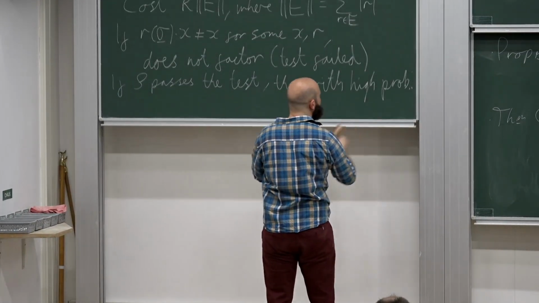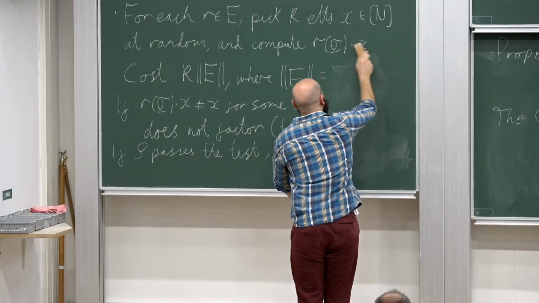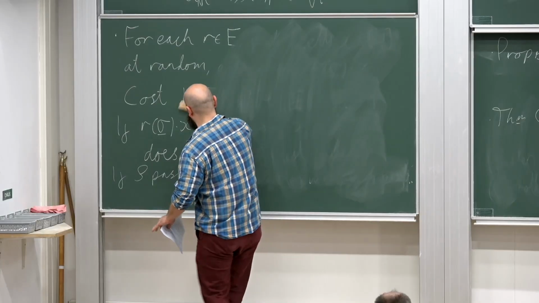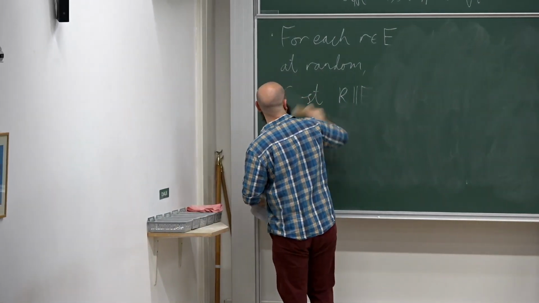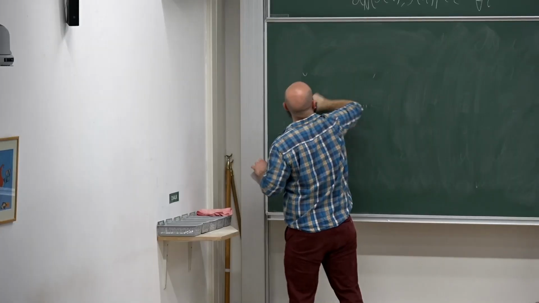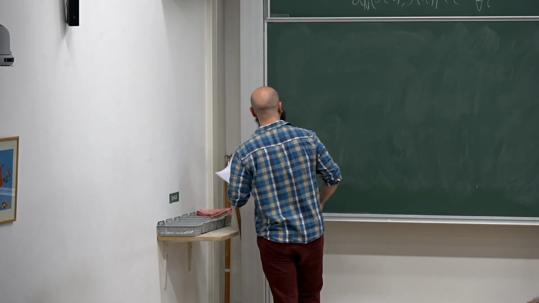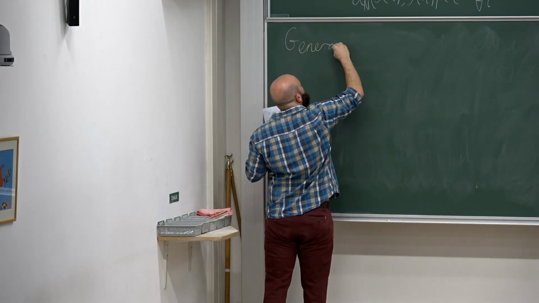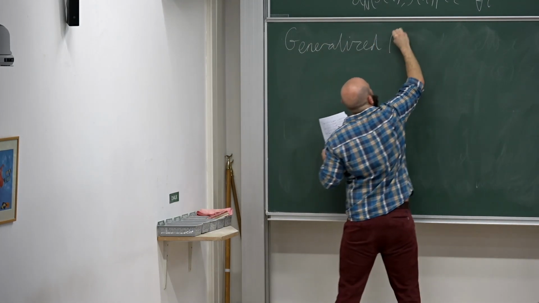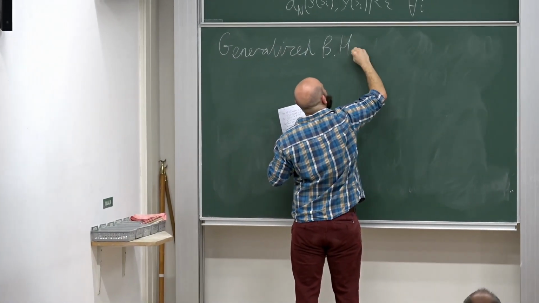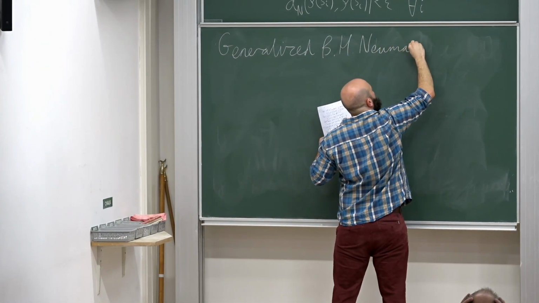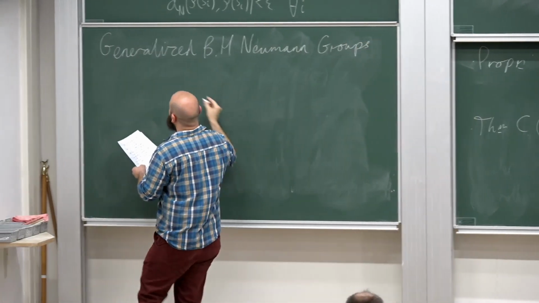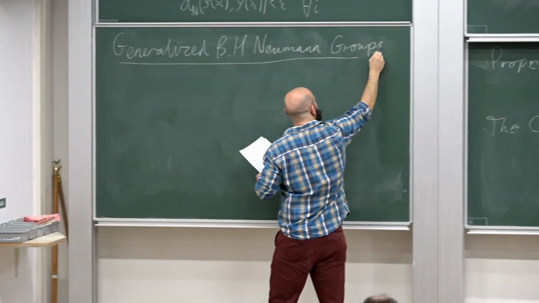So, what are the groups in class C? They are groups that I have taken to calling generalized BH-Neumann groups, and they are a very diverse family that I enjoy thinking about.